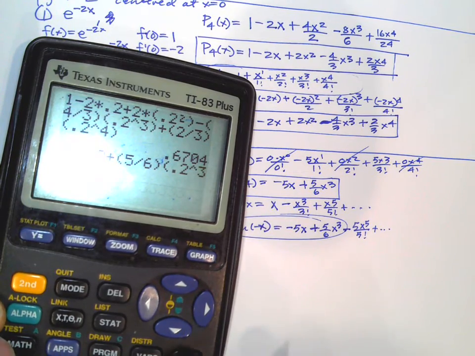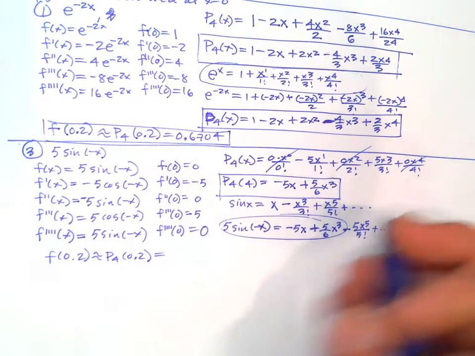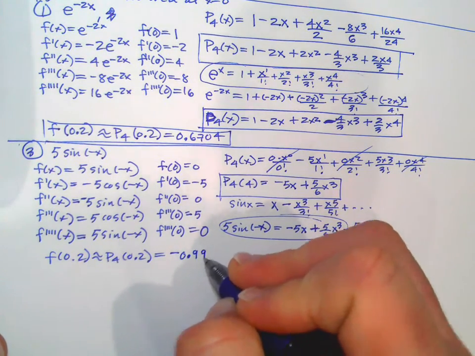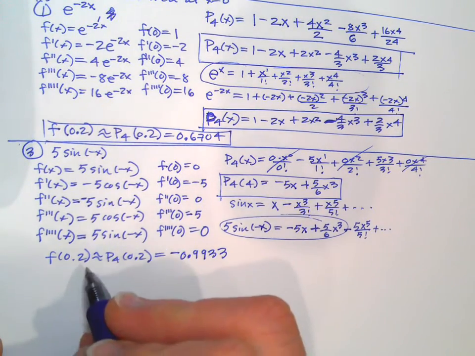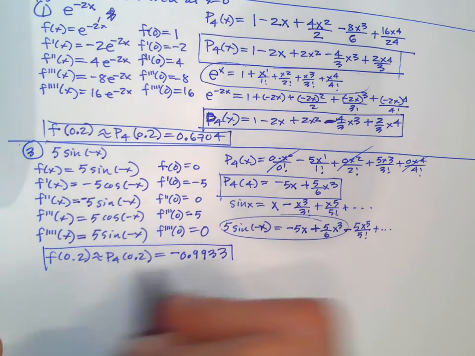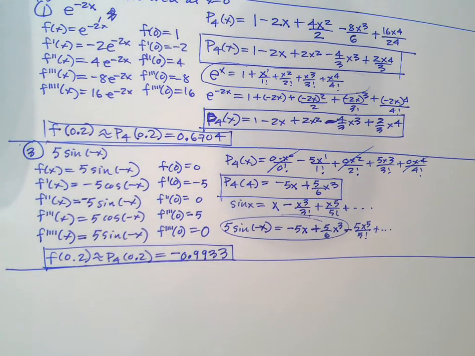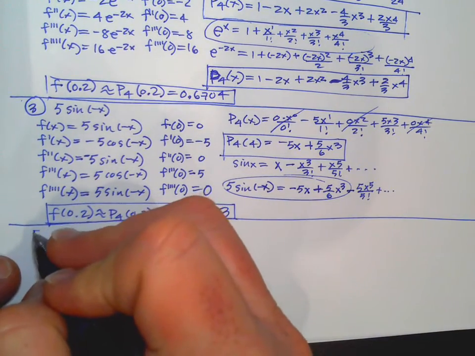I'm putting some extra parentheses just to make sure I don't mess up. And we got negative 0.9933. I don't know if the book has 4 decimals. So I'm writing 4 decimals for that reason. Okay. So one more of these, number 5.